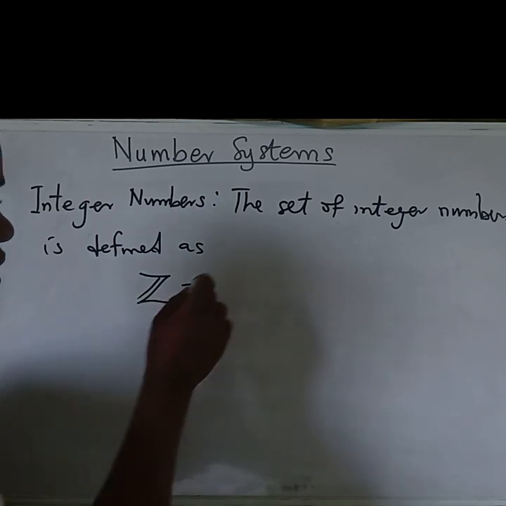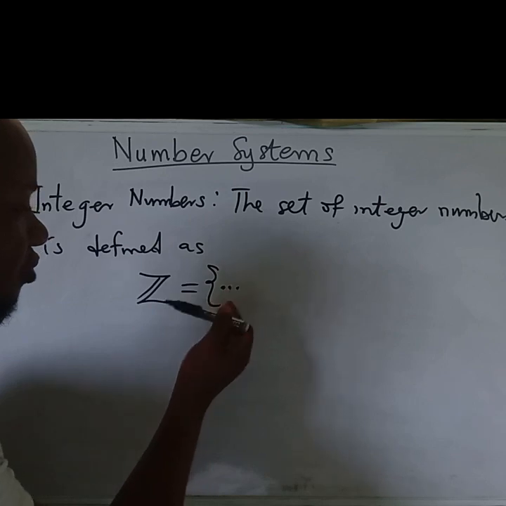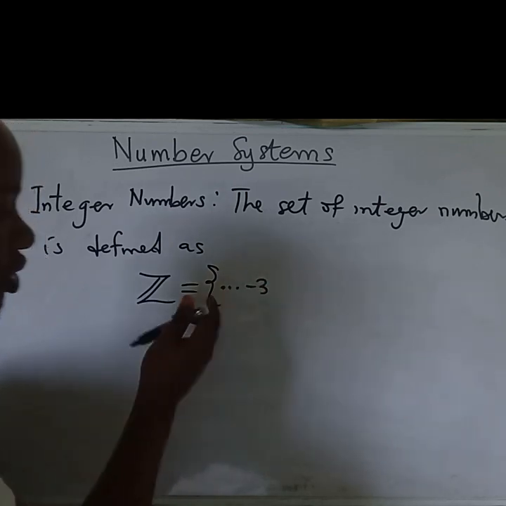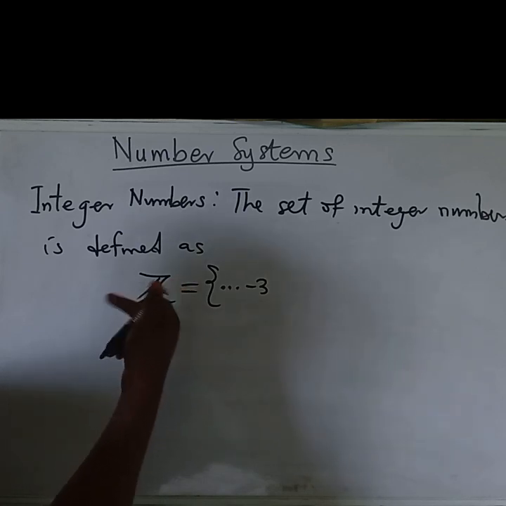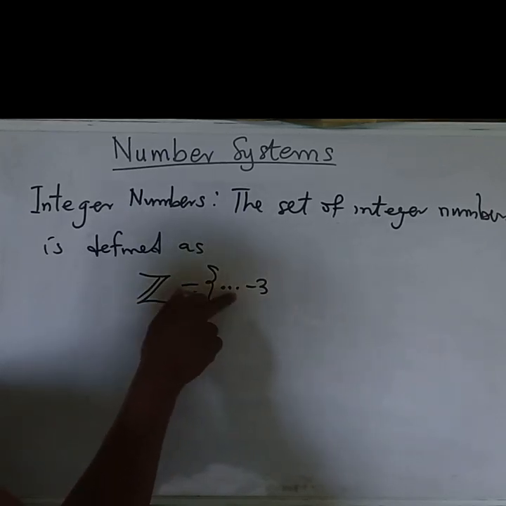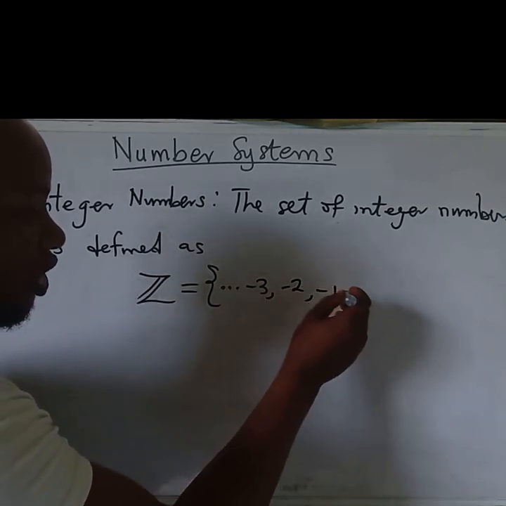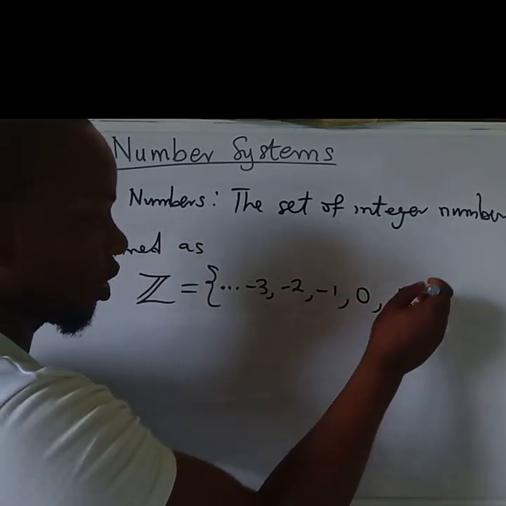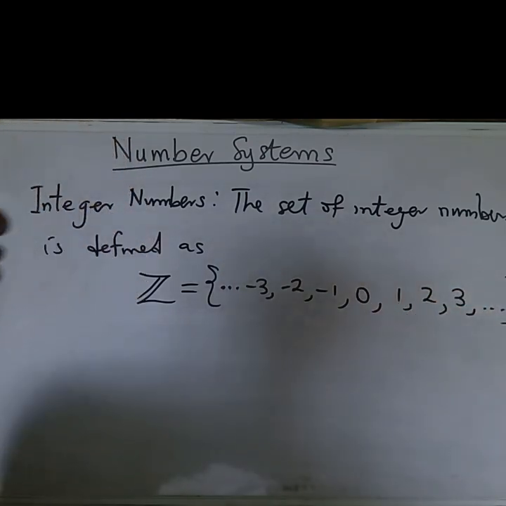So this is a set of numbers from a large negative number, up to -3, -2, -1, 0, 1, 2, 3, and so on to a large positive number.